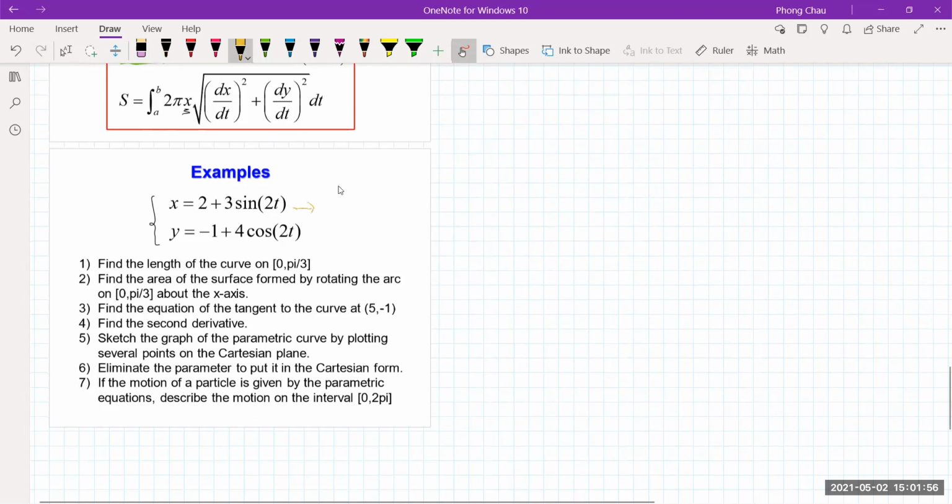So what is dx/dt? Okay, take the derivative of that one. The derivative of this is 3 times cosine, so you get 3 times cosine of 2t, and by the chain rule times 2. So I have 6 cosine 2t.